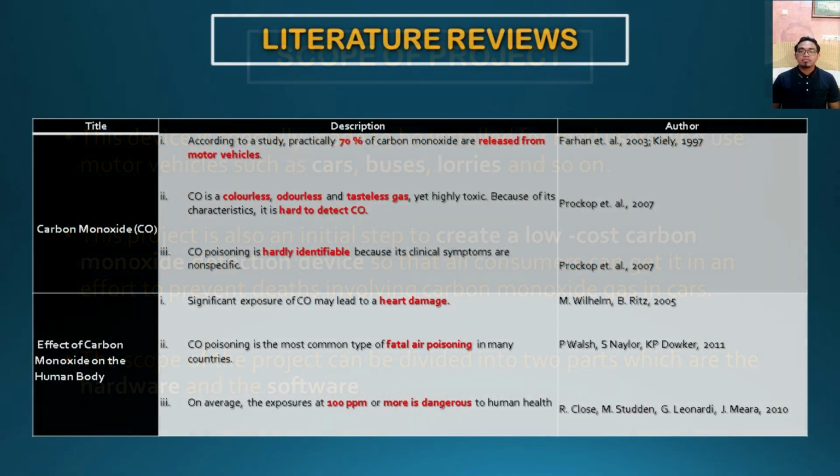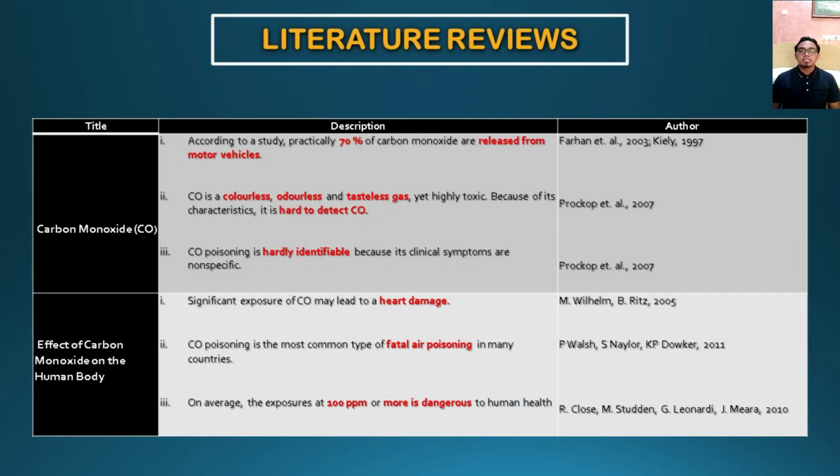In the literature review, there are some subtopics related to the project. Firstly is carbon monoxide. According to a study, particularly 70% of carbon monoxide is released from motor vehicles. CO is hardly identified because its clinical symptoms are non-specific.